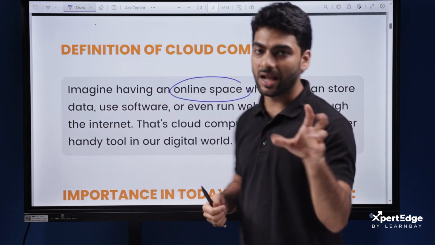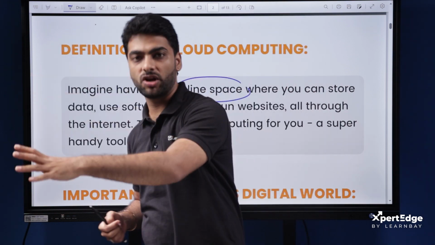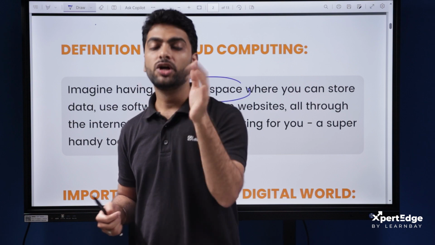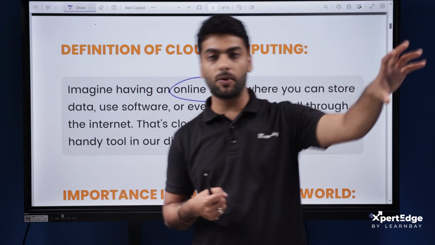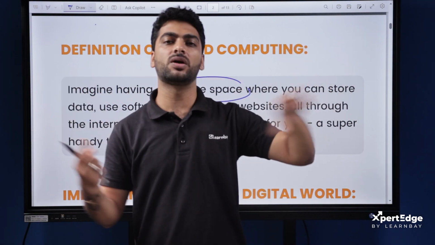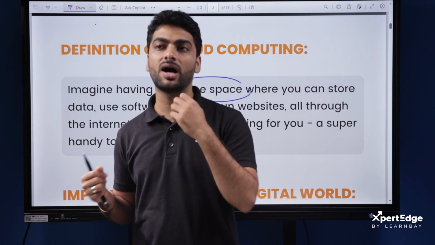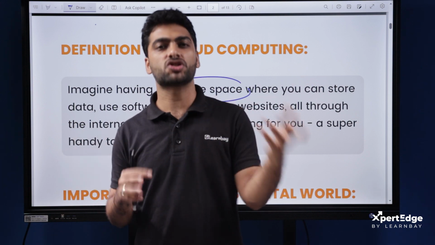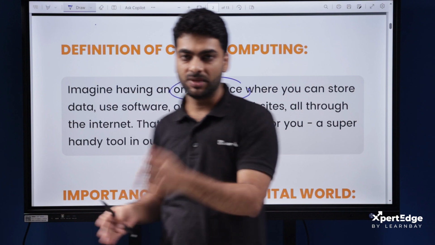For example, without buying the software of Canva, you are able to use certain features of Canva, because it is on the cloud. Today you can store your photos and videos on Google Drive, and you can access this drive from anywhere in the world. You just have to log into your email ID. That is cloud computing, where you are operating the features of a computer but on the internet, not on that particular system, right?